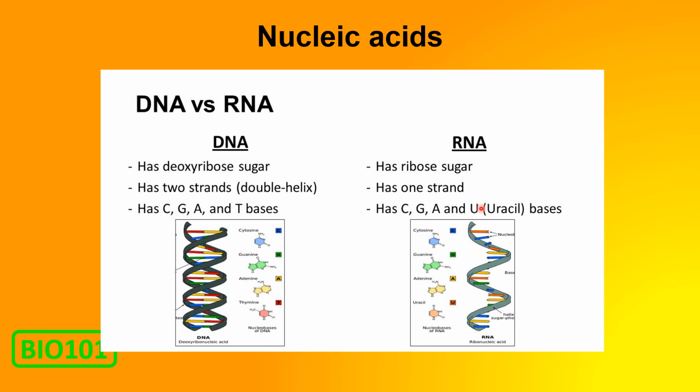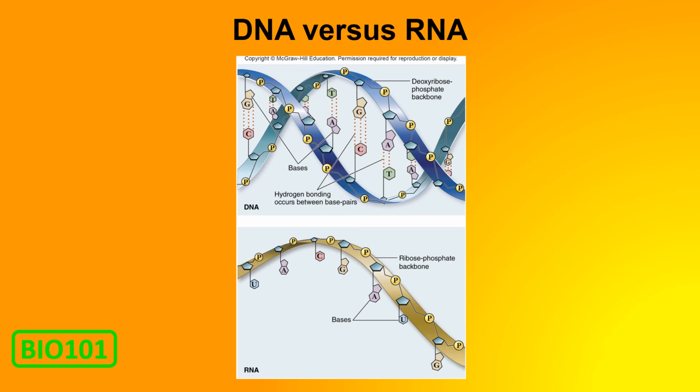Okay. You'll see this in more detail as we go through nucleic acids. So here's DNA versus RNA. Once again, DNA is a double alpha helix. RNA is a single strand. We'll see the bases in more detail.